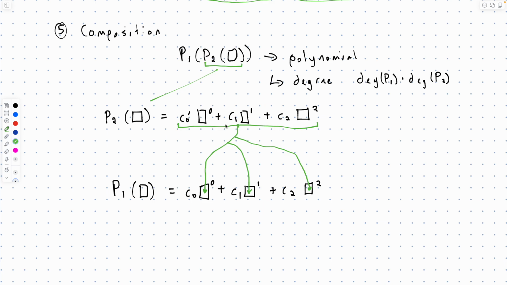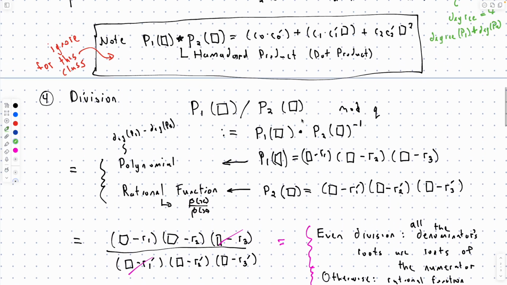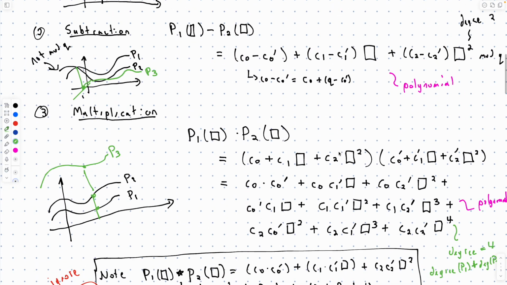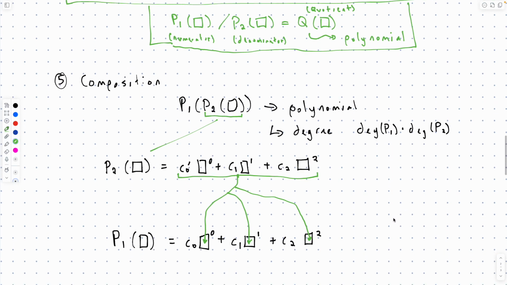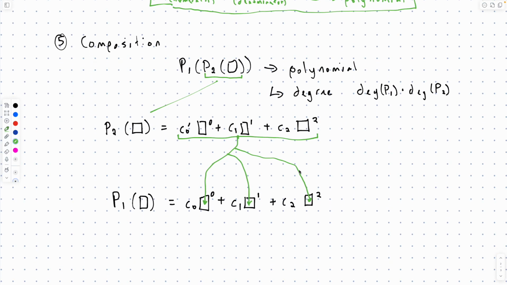So I'm taking this polynomial, I'm multiplying it by itself, and then I multiply it by C2. And when I multiply it by itself, I'm doing the long multiplication, okay? And so, anyways, I don't want to draw it out because it's really long. But that's what this composition means, okay?